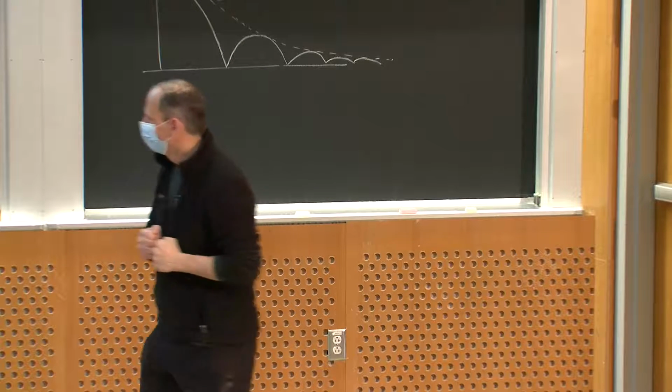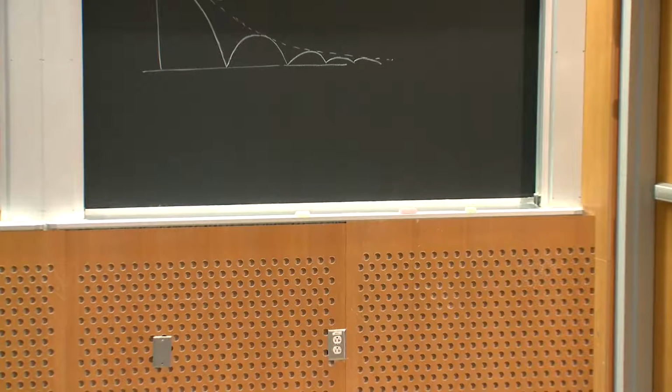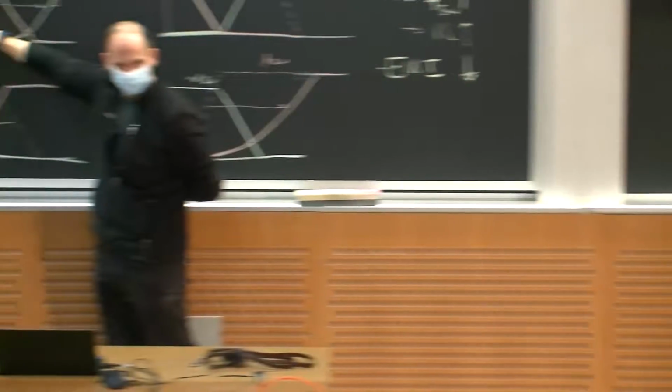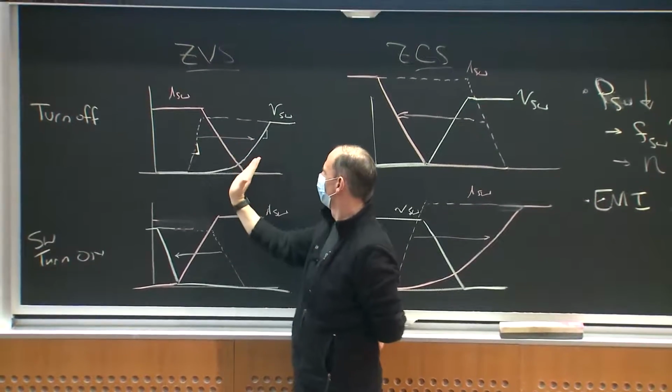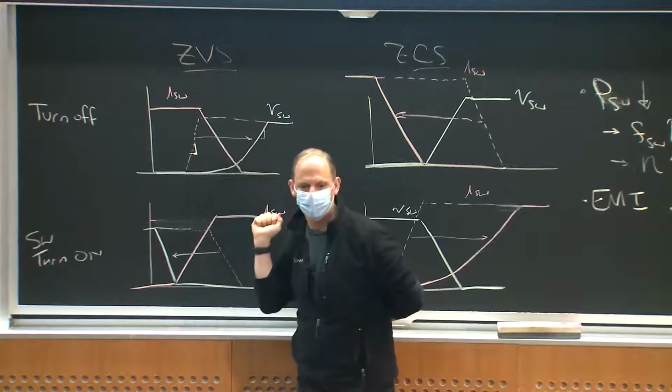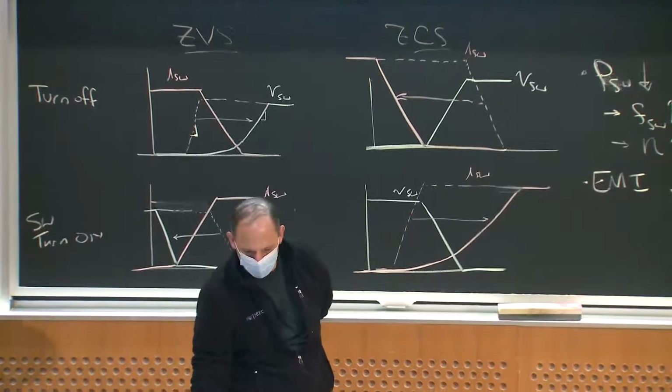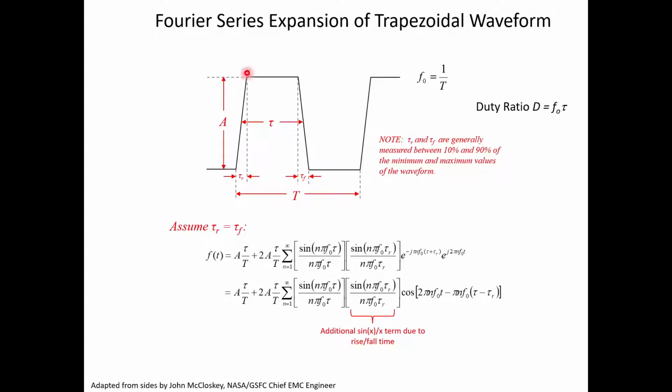This would be exactly the impact of, instead of having really hard and fast switching transitions, maybe I put a capacitor across my device that limited the dV/dt to a reduced value. Maybe this would instead turn into some kind of trapezoid waveform. And what I get is this second sinc function factor, which is related to the percentage of time it spends rising and falling. Does that make sense to everybody?